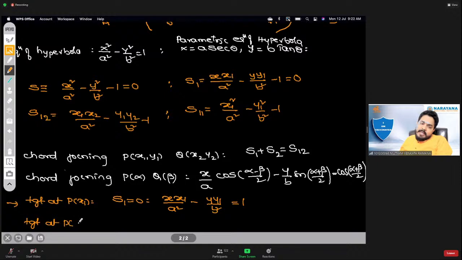Tangent at P theta is x by a secant theta minus y by b tan theta is equal to 1, because alpha is equal to beta is equal to theta. So x by a minus y by b, sine theta is equal to cos theta. So you'll be getting this one.